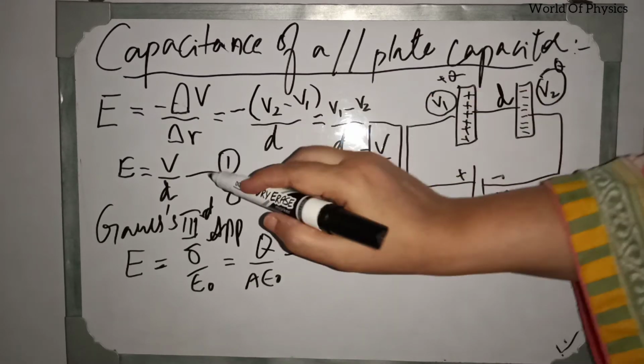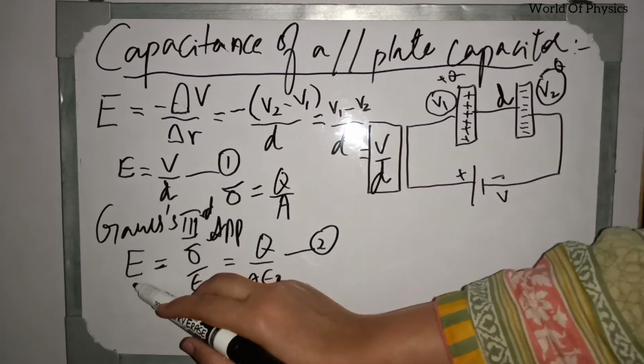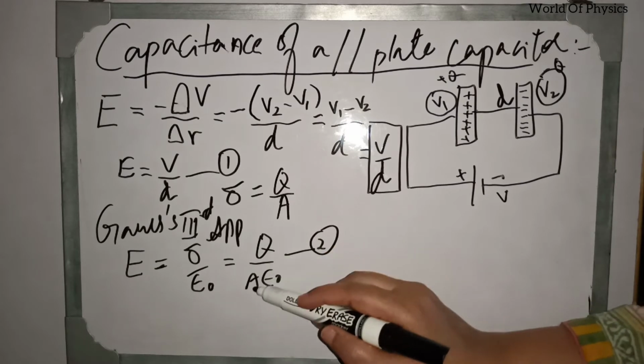In equation number 1, we have E equals V over D. In equation number 2, we have E equals Q over A epsilon naught.